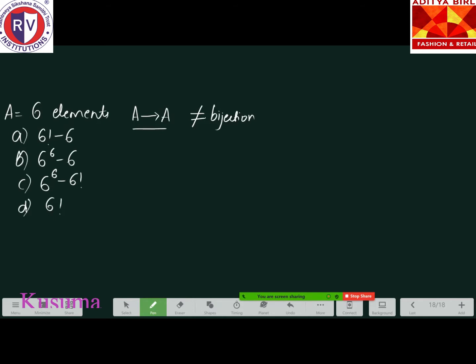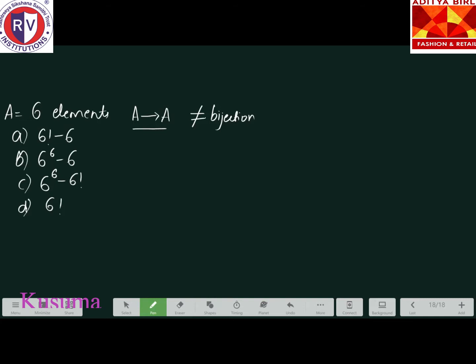And then we are going to subtract the number of bijections that can be defined from A to A. That will give us the distinct functions that can be defined from A to A which are not bijections.